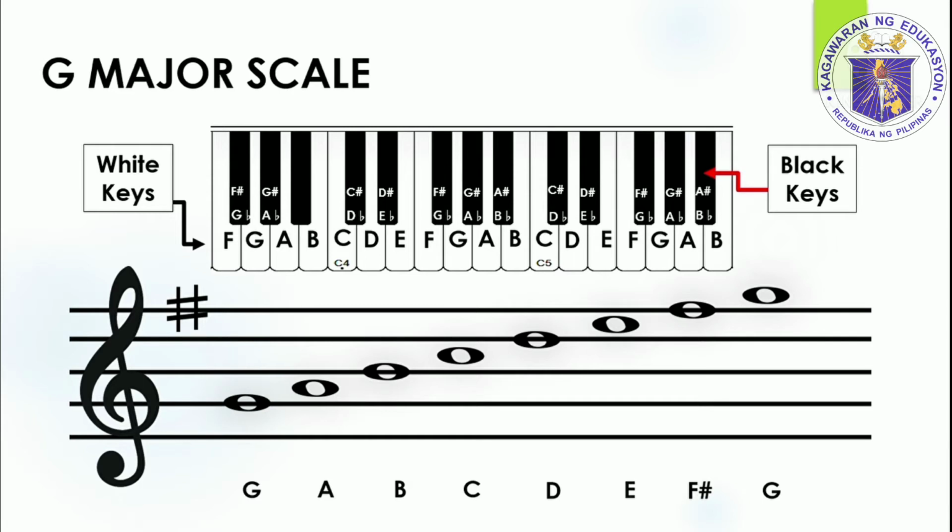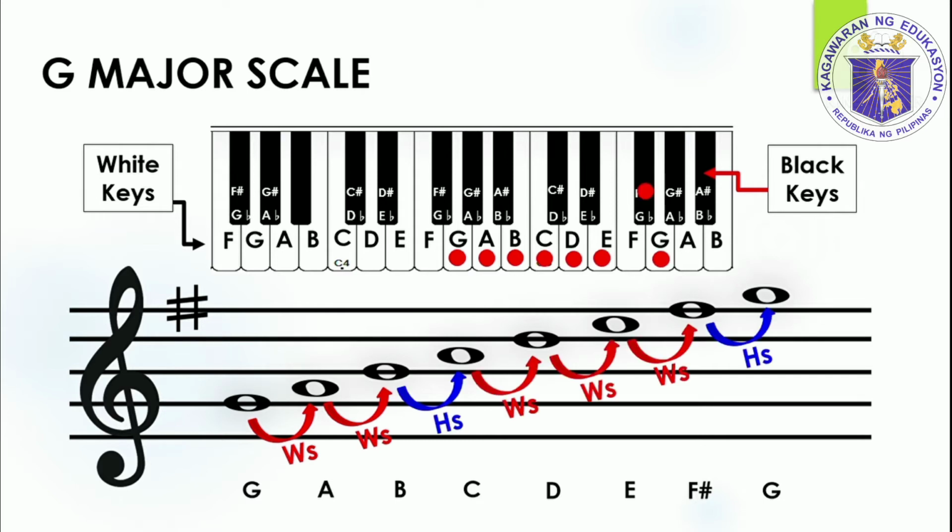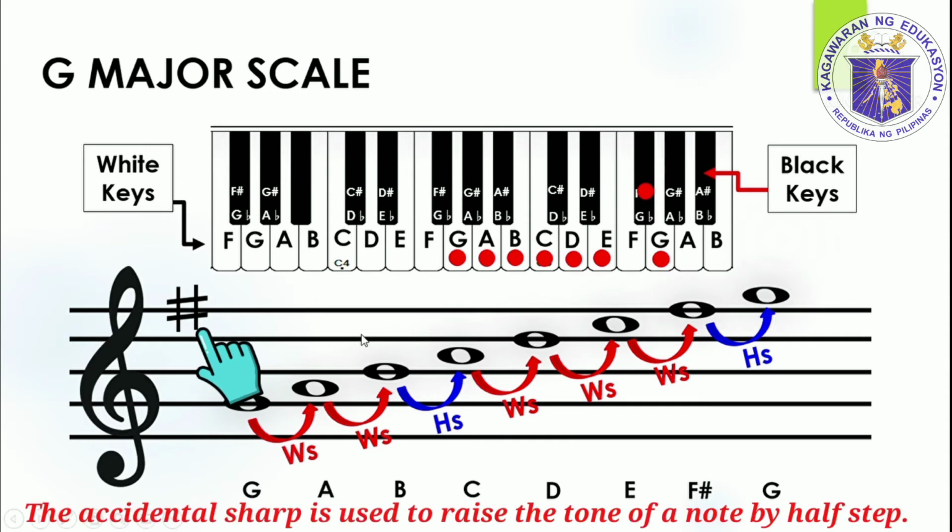The G major scale, or the key of G, is based on G, with the pitches A, B, C, D, E, and F sharp. Notice that the scale below has a sharp on the fifth line of the staff, meaning all notes placed on this line must increase its tone by half step because the accidental sharp is used to raise the tone of a note by half step.